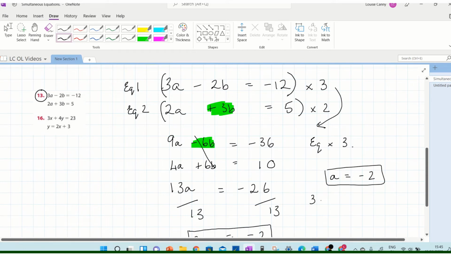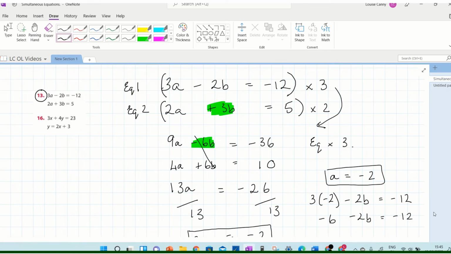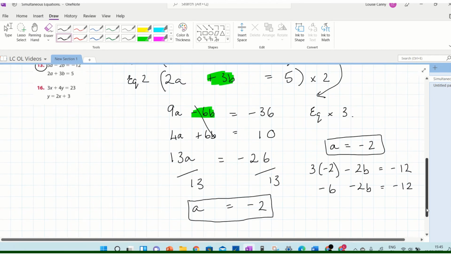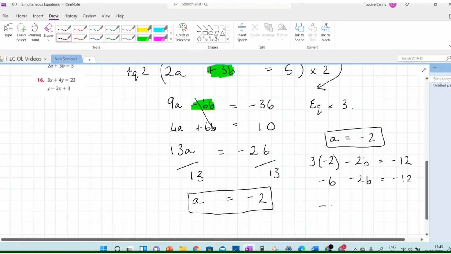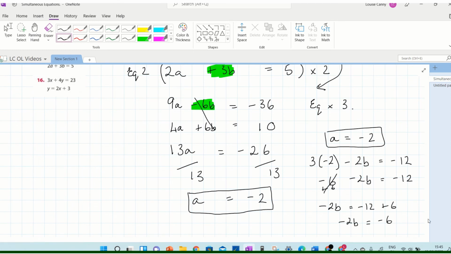So 3 times a, which is 3 times -2, minus 2 times b is equal to -12. 3 times -2 is -6, -2b is equal to -12. I add 6 here, I add 6 here, so I get -2b is equal to -6.